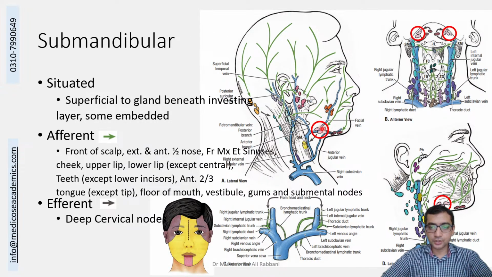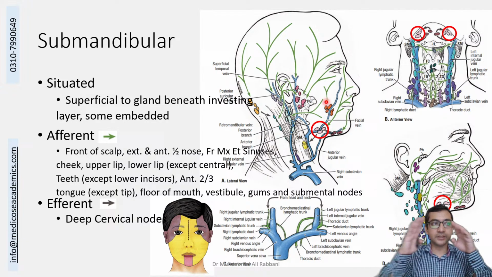Then there are the submandibular nodes that are present in the submandibular fossa, in the submandibular region, beneath the investing layer. Some are outside it also, and it is shown in both of these pictures here. And it is receiving the lymphatics from the buccal nodes. It is receiving from the submental nodes.